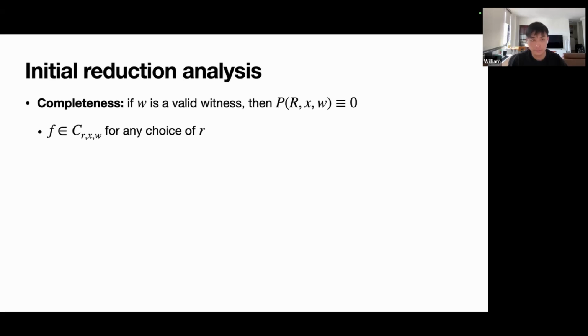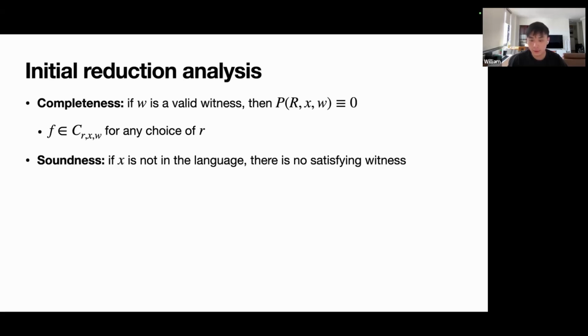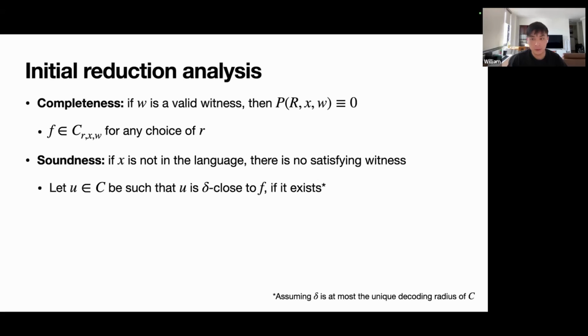Okay. Now for soundness, if X is not in the language, then there's no satisfying witness. So again, letting U be the codeword which is delta-close to F, if it exists, this polynomial is now not identically equal to the zero polynomial, because the decoding of U cannot be a valid witness since X is not in the language.